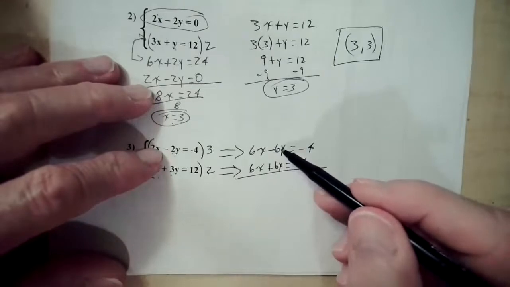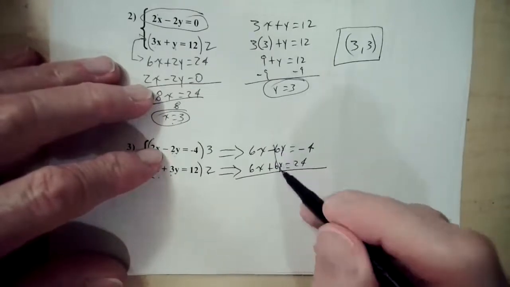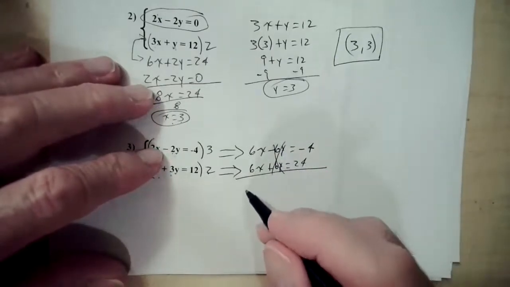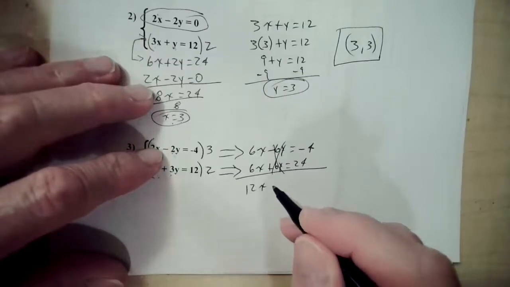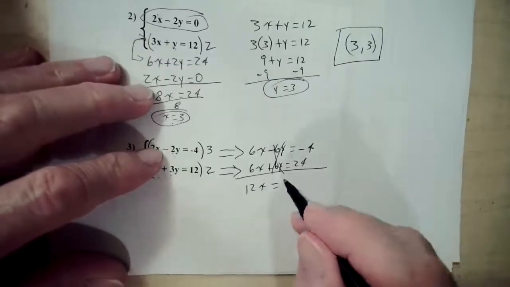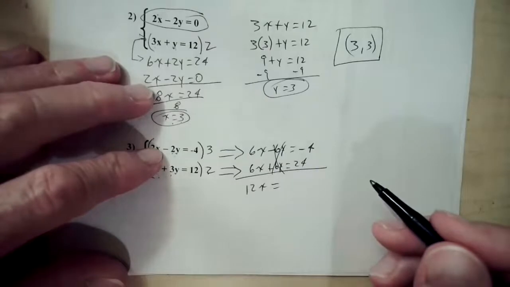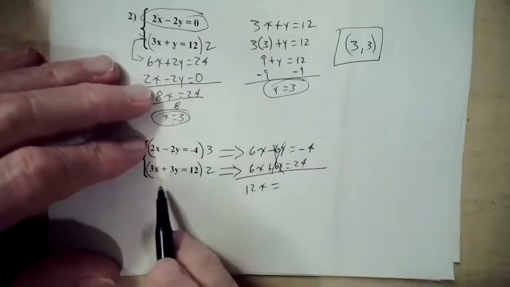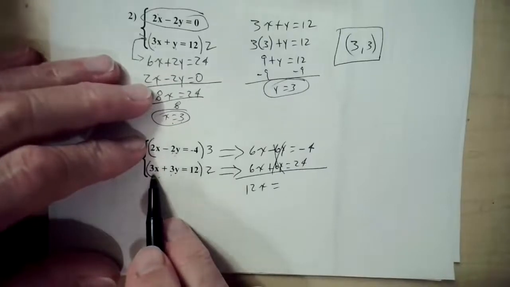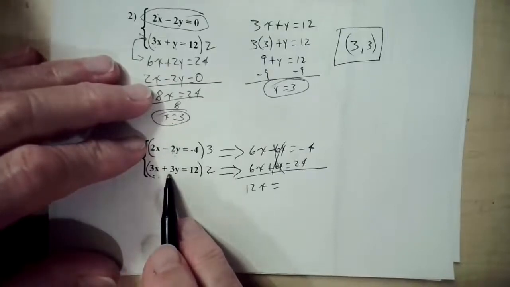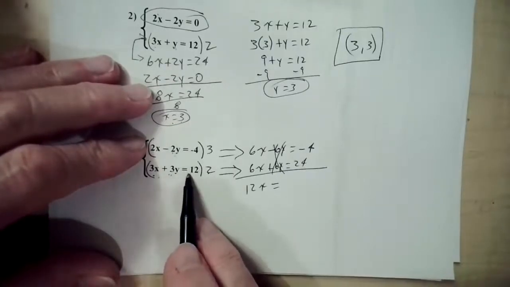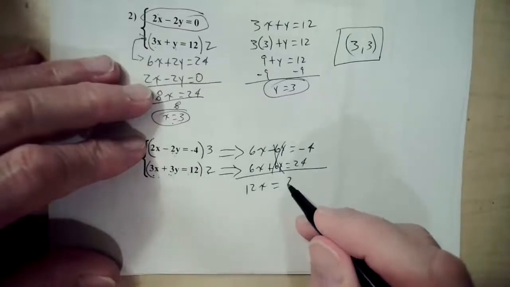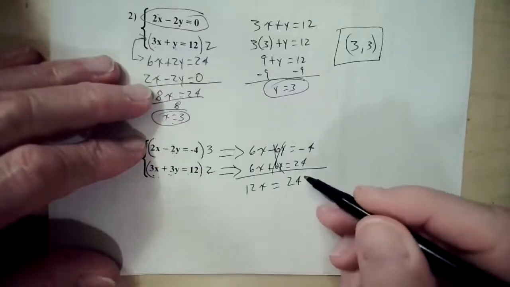Now you can see that 6y minus 6y is 0. It's gone, it's eliminated. That's what we want. So we get 12x equals, what did I do here? 6x, 6y equals 24.